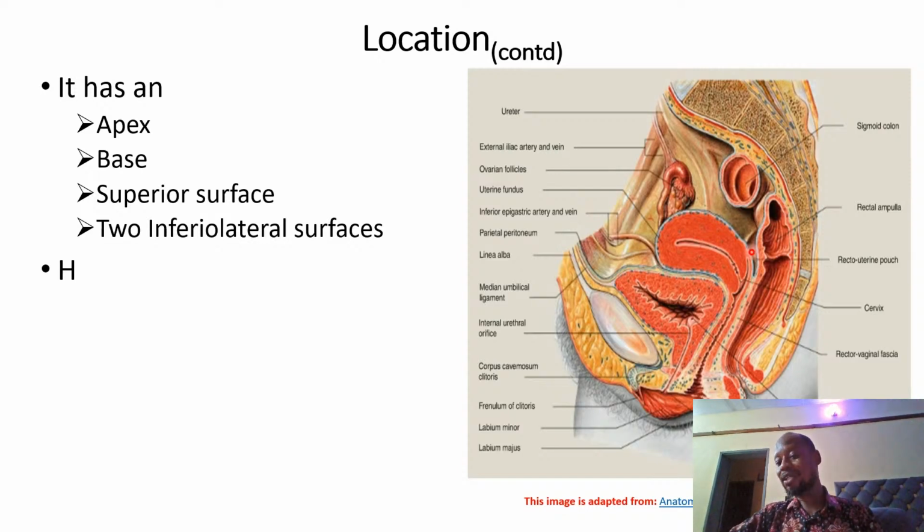You have the bladder, the rectum, and then the uterus, which is now in the place that comes before the rectum. You have the recto-uterine pouch, usually referred to as the pouch of Douglas. Look at it now, you can trace the outline.